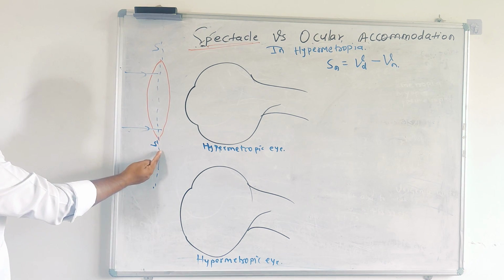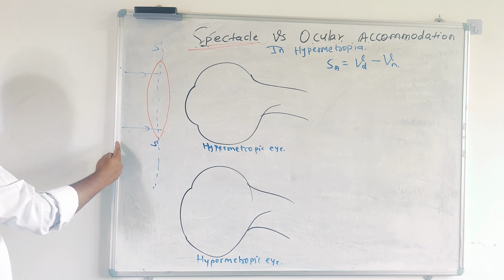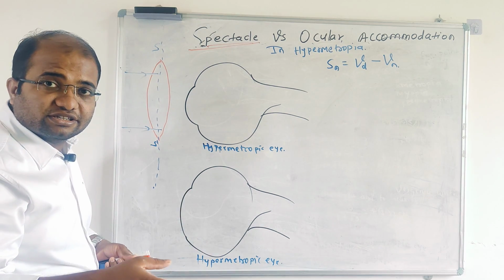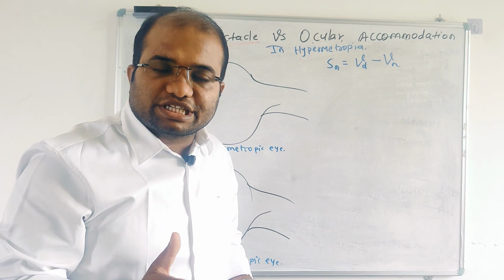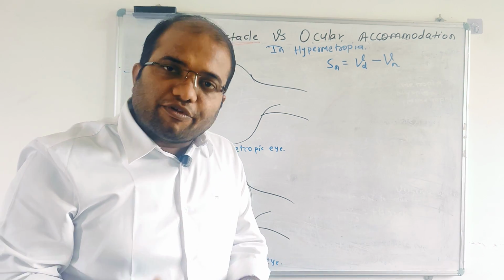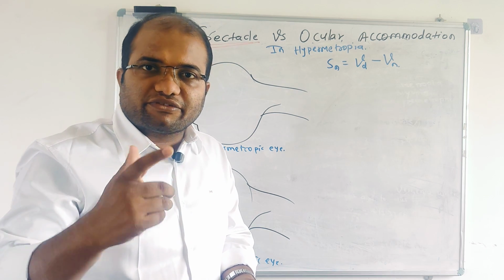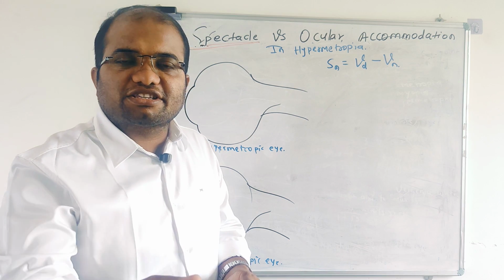From this plane the object is situated at infinity, so the distance is infinity, and the vergence will be the reciprocal of the distance. When you want to calculate the vergence, you just take the reciprocal of the distance. And when you want to calculate the distance from the vergence, you take the reciprocal of the vergence, and you get the distance.